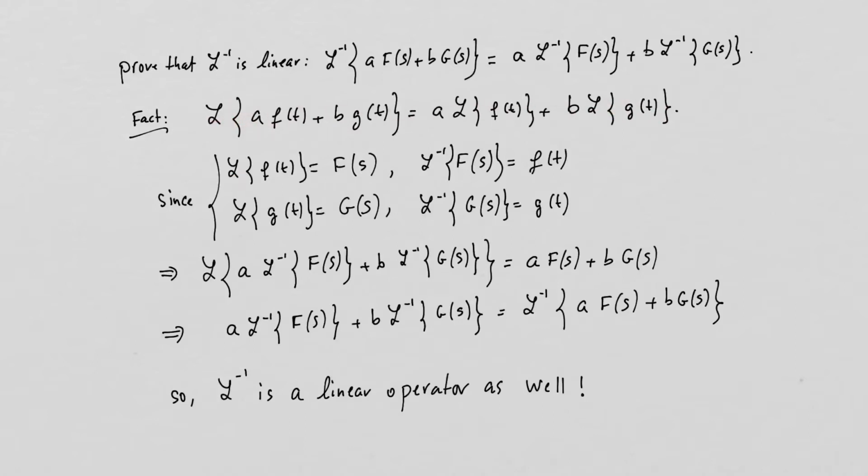Now, Laplace transform of a little f as a function of time is capital F, and therefore inverse Laplace of capital F is little f. The same thing goes for g, okay? I'm going to use this fact, and I'm going to play with these because I need capital letters. So I need to use these to get to here, okay? So I'll begin with the left-hand side of my property, which has been proven, this one.